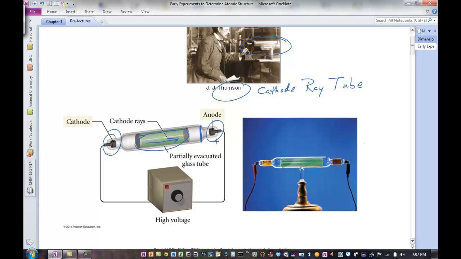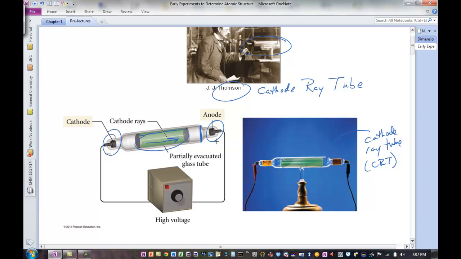Here's an actual real cathode ray tube, or CRT for short. You may or may not have heard the term CRT. Back when I first started teaching chemistry, I used to always say this cathode ray tube was the forerunner of the modern television.